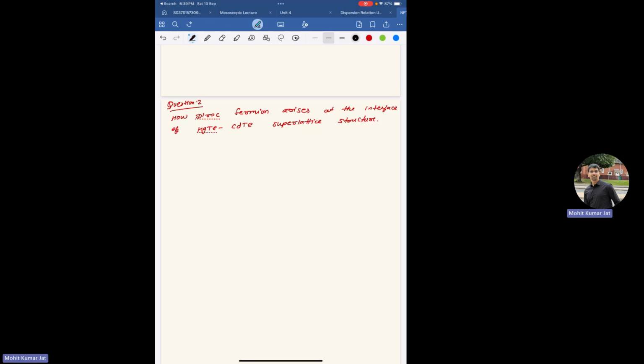I'll put forward the physical picture first. A mercury telluride and cadmium telluride heterostructure can be constructed so that the mercury telluride region is inverted. Basically, gamma 8 is above gamma 6, while the surrounding CdTe is normal.